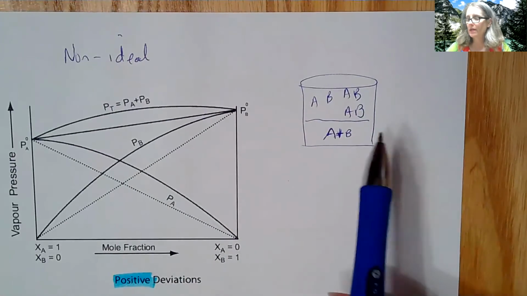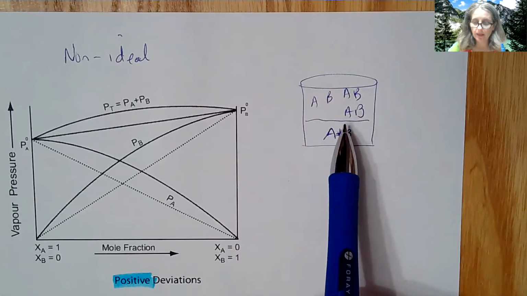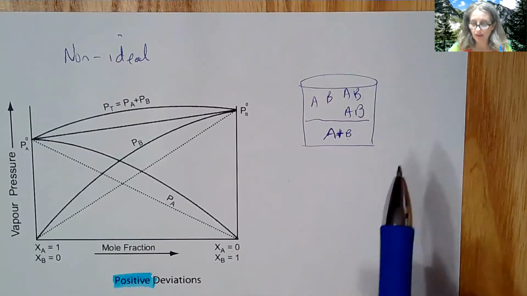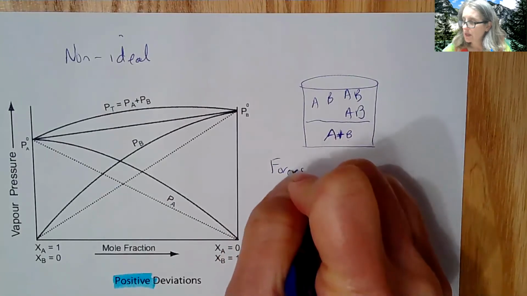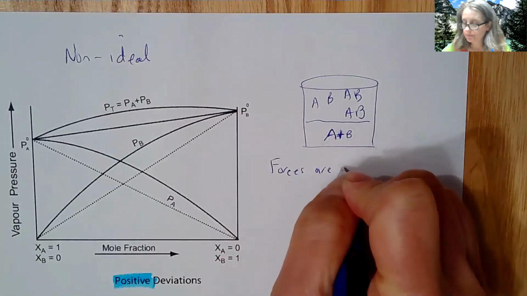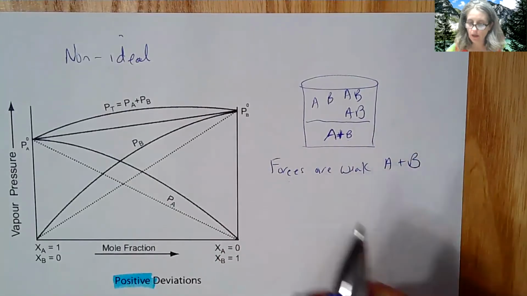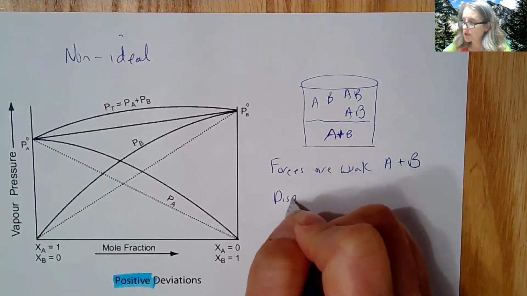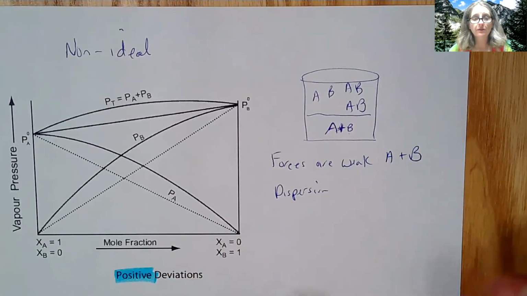Over here, draw a beaker. I have a mixture of A and B, and I have a lot of A and B above that liquid. This is when the forces are weak in both A and B, meaning I have just dispersion forces in both the solute and the solvent.